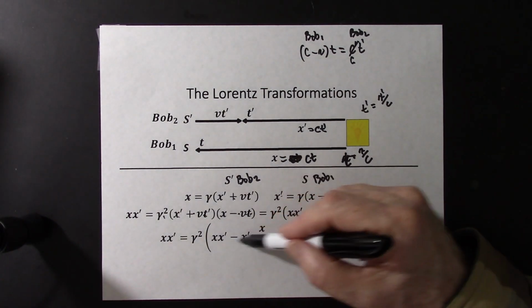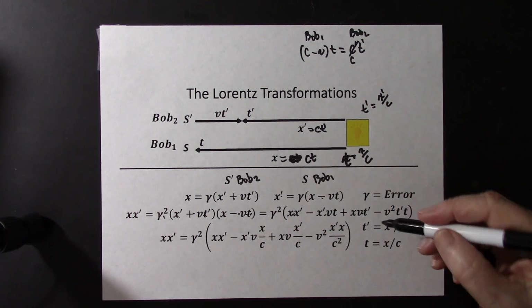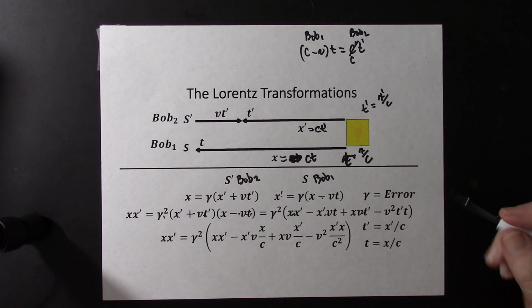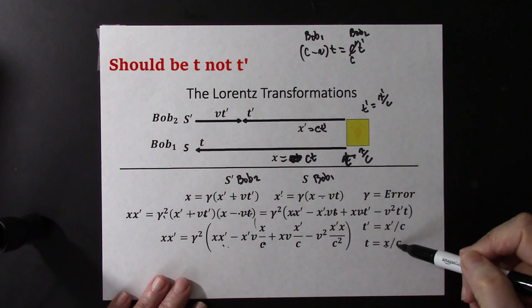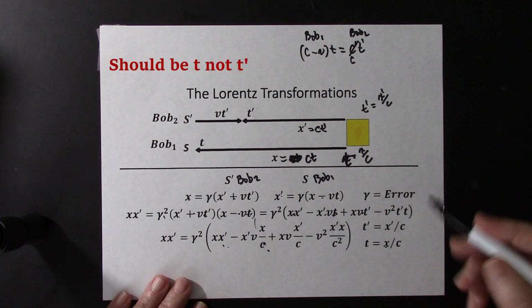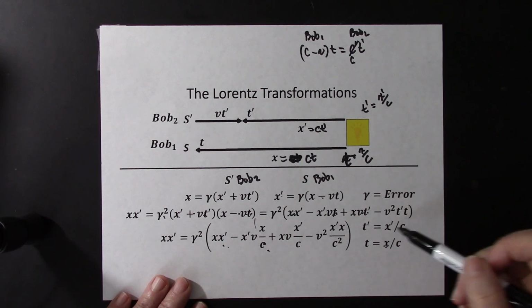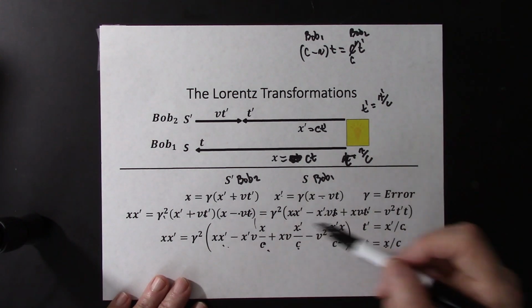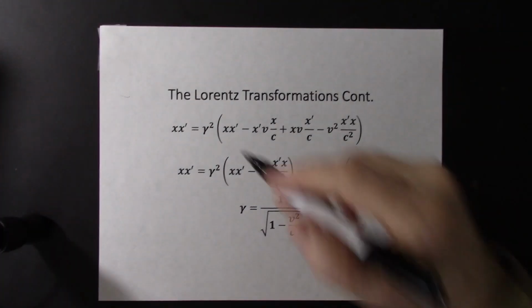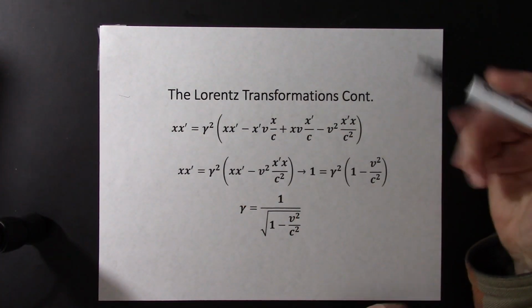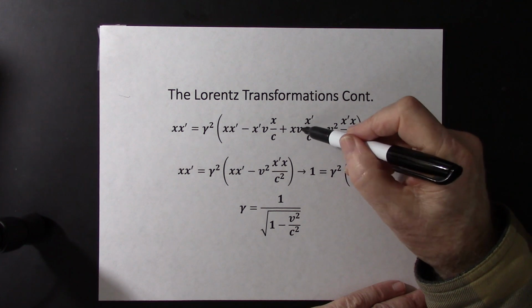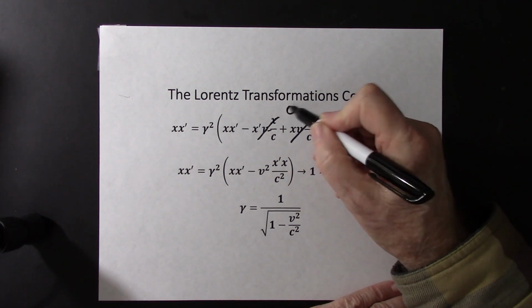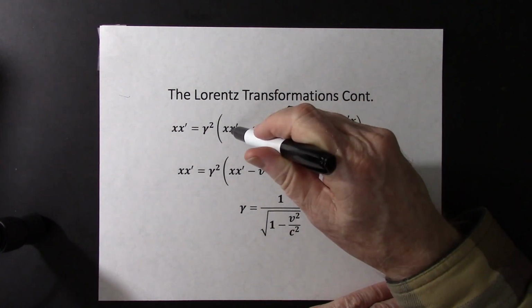We can take this formula and plug in x prime over c for t prime and x over c for t. We plug in x over c for t, and that's how we get that. And we plug in x prime over c prime for t prime, and that's how we get that. And these two terms just stay the same. Carrying all this forward, we now have this, but we'll notice something, that this term and this term are equal except for sign. So they add up to 0. And that just leaves us with this term and that term.